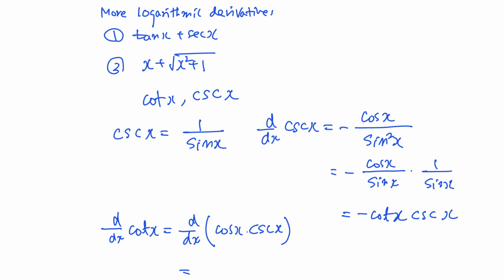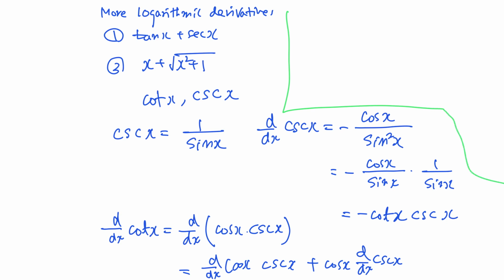So d/dx of cosine x times csc x plus cosine x times d/dx of csc x. If you differentiate cosine x, what do you get? Minus sine x, right?